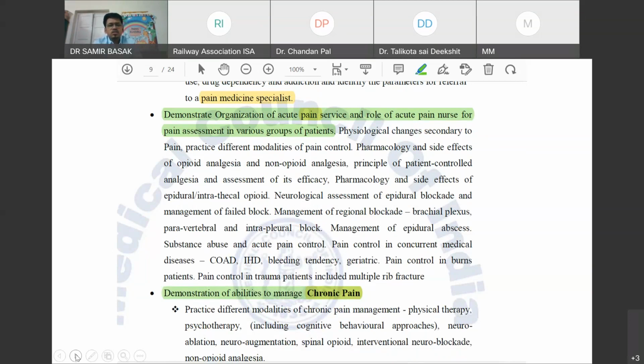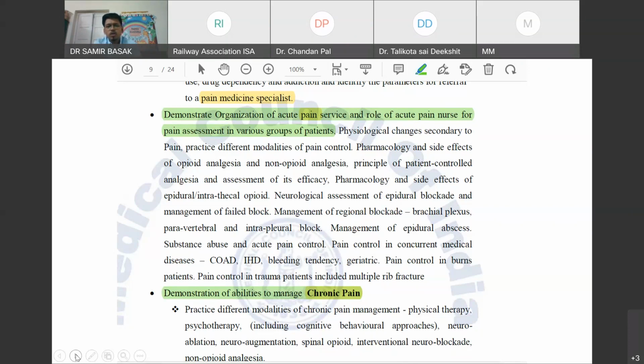Next comes the demonstration and management of chronic pain. When there is chronic pain, not only physiology and pharmacological therapy are important, but also psychotherapy, cognitive behavior therapy, neuroablation, or neuromodulation. Already one conference is fixed in Mumbai about neuromodulation in the month of November.